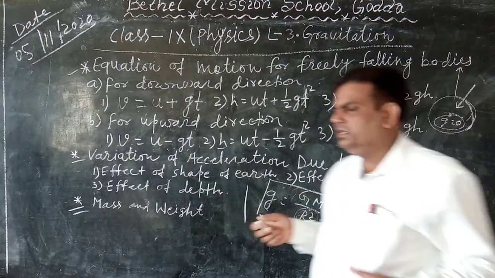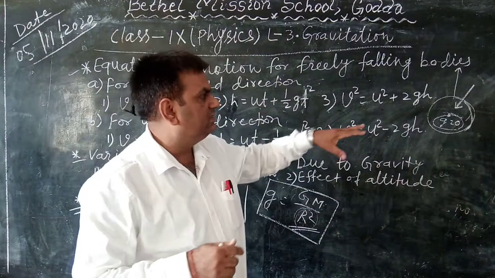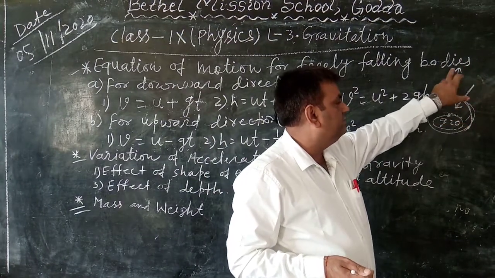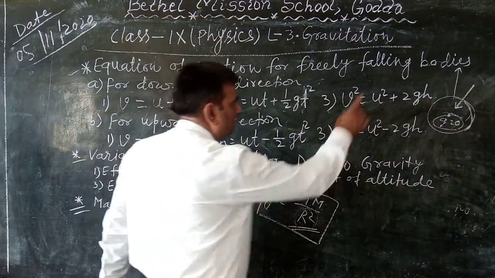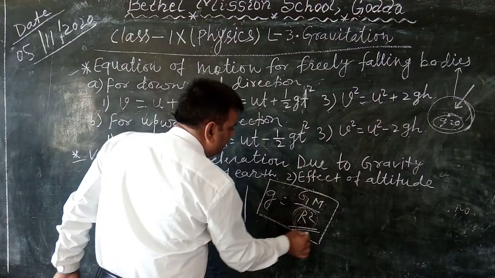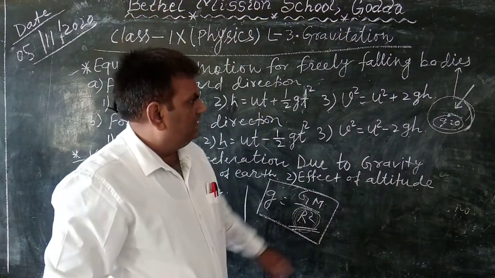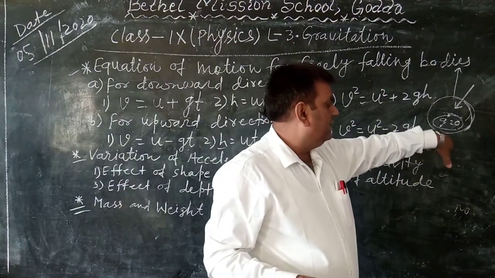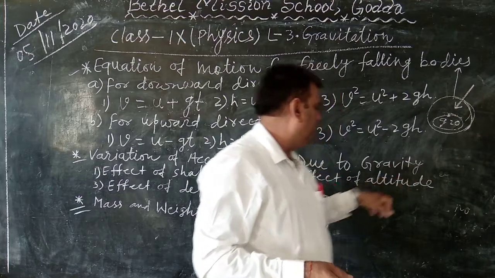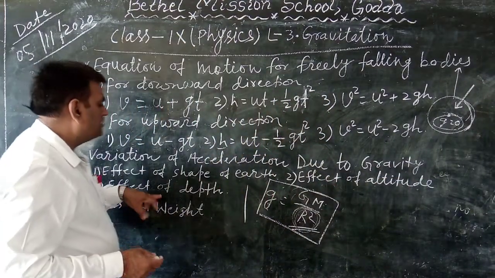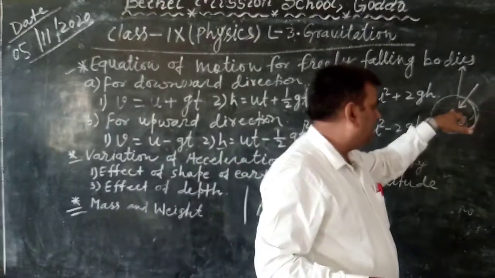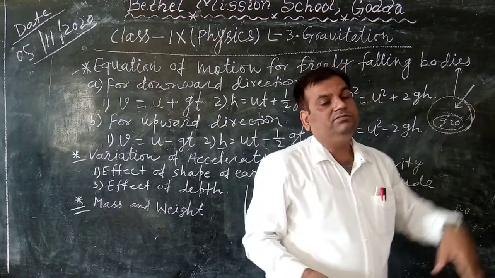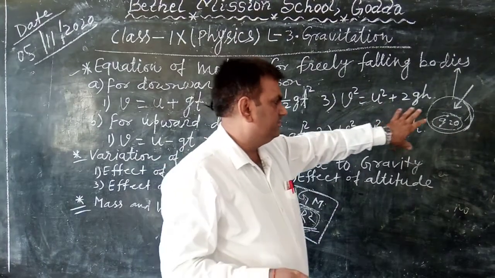Second is the effect of the altitude. Effect of the altitude means as we go above the earth, the value of g will decrease, because as we go above the earth, the value of R will increase. That's why the value of g will decrease. Third is the effect of depth. As we go inside the earth, in mining, the value of g will also decrease.